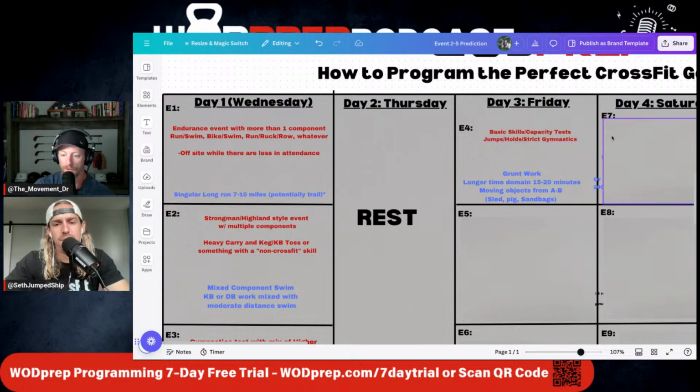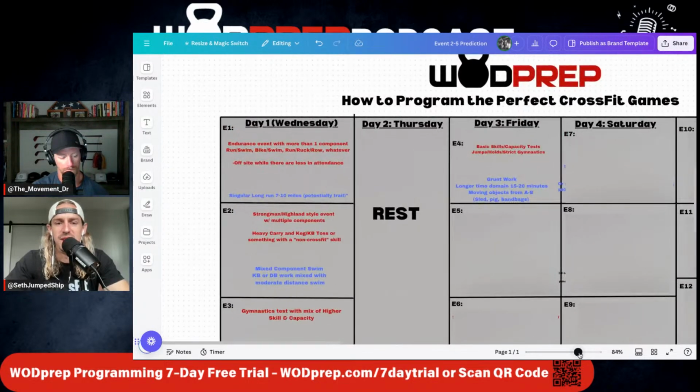But talk to me about what you're thinking here for event 4. Yeah, so it's the first time I'm really trying to mix strength and gymnastics together. They've done a test like this in the past, where something like the L sit hold or the weighted pull-up, or maybe they're testing a jump of some kind or a combination of a skills series.